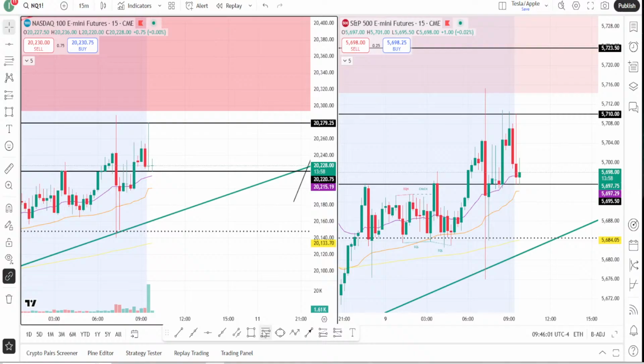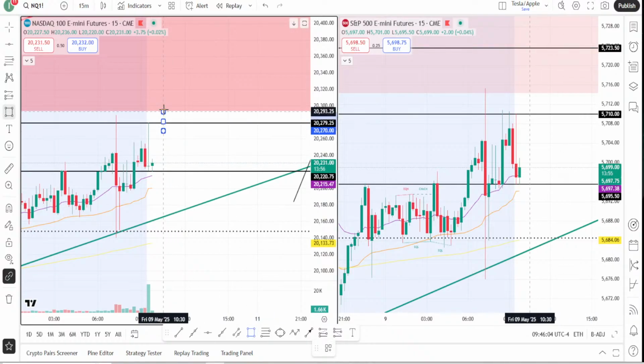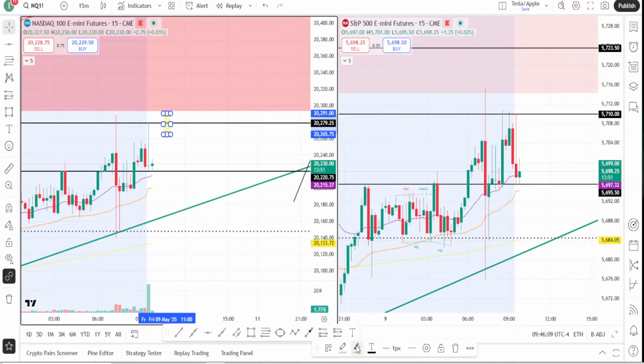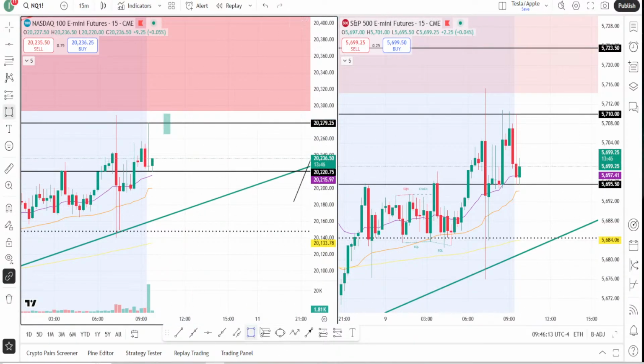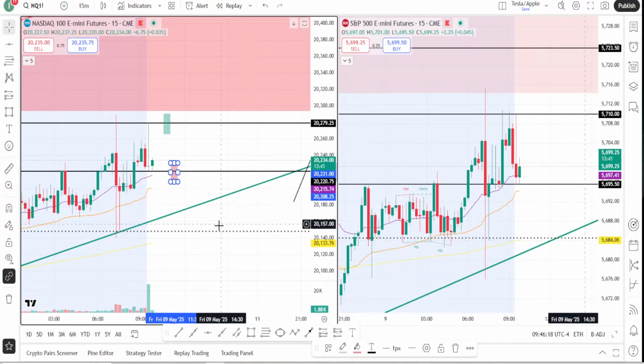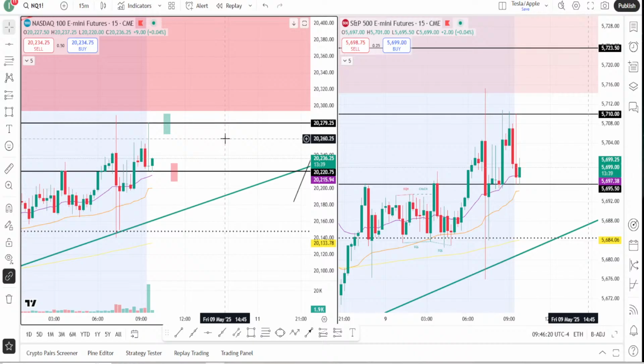Alright, next thing we want to do is just wait for a closure above or below. So we want to see a green candle closing above here, or we want to see a red candle close below here. So there's no setup, there's nothing going on right now for us to really trade into. Ness is just a little wild, you know, so he just jumped in like that. So just wait for the setup.